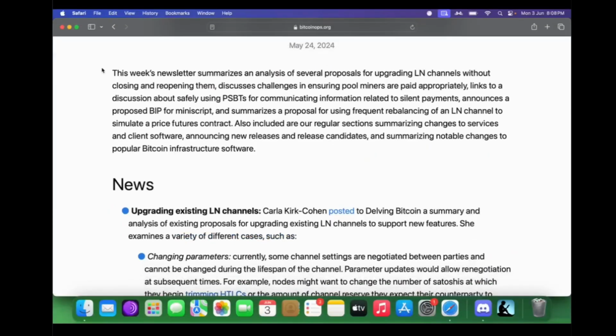Okay, cool. So this week's newsletter summarizes an analysis of several proposals for upgrading LN channels without closing and reopening them, discusses challenges in ensuring pool miners are paid appropriately, links to a discussion about safely using PSBTs for communicating information related to silent payments, announces a proposed BIP for Miniscript, and summarizes a proposal for using frequent rebalancing of an LN channel to simulate a price futures contract.